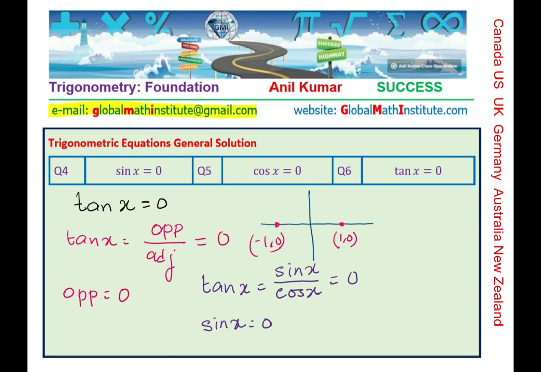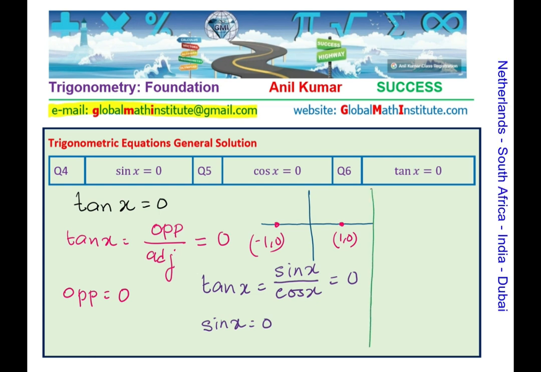General solution is x equals to, now this position is 180, right? And that is 0. So we can write 180 degrees n, right? Where n belongs to set of integers, correct? So that could be our answer for this particular question.